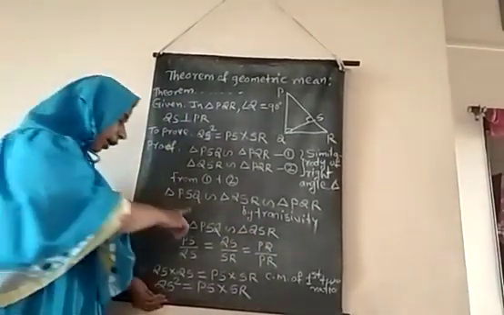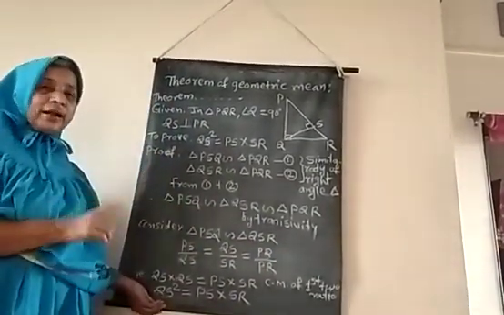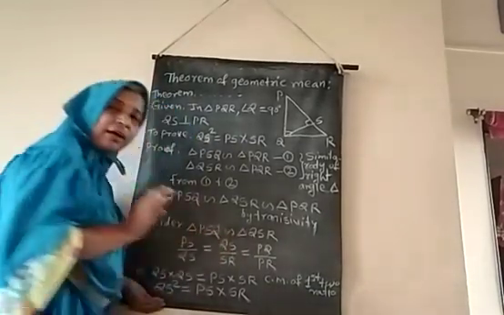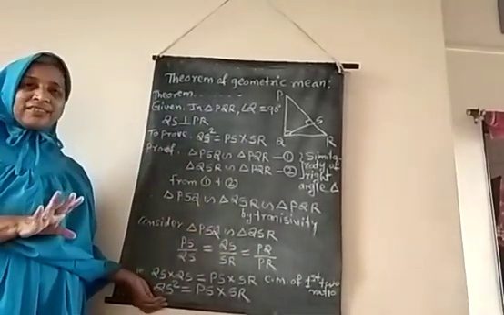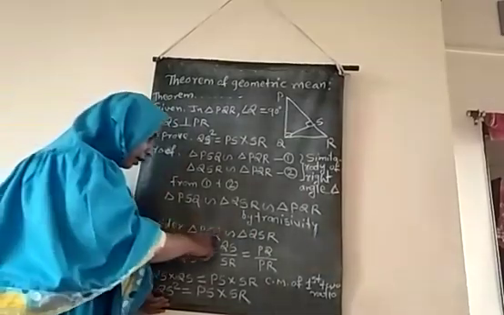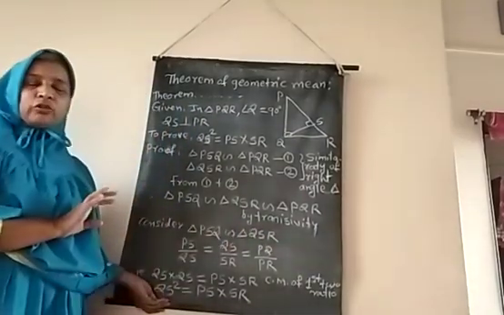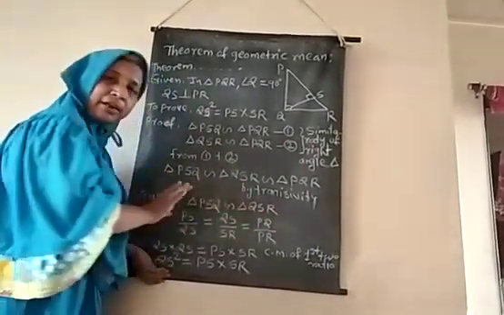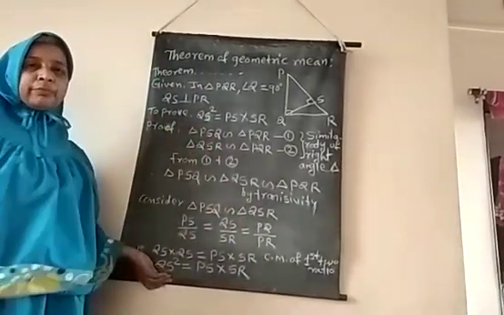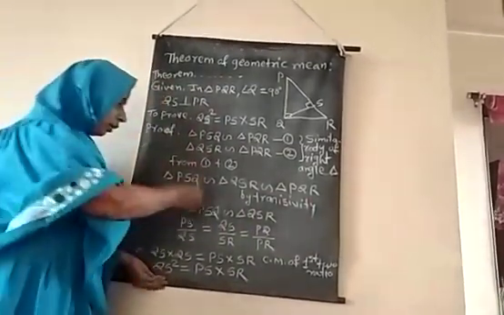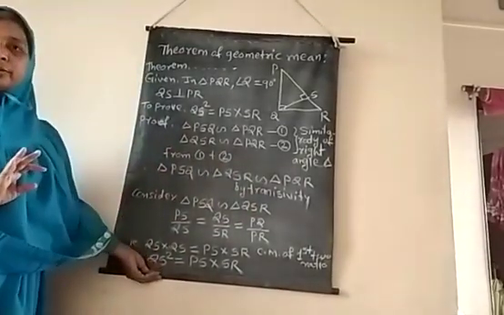But when you write the ratio, be sure that the names of the triangles are correct, the vertices are correct, and all the angles are in the proper place. Only then will your ratios come out correct. Otherwise, your ratios may be wrong if you do not write the correct names of the triangles. Okay.